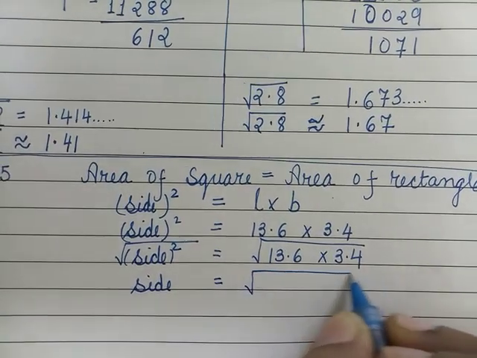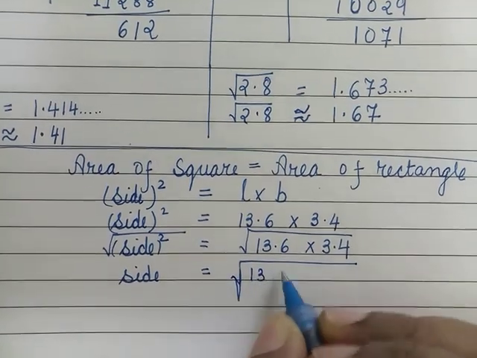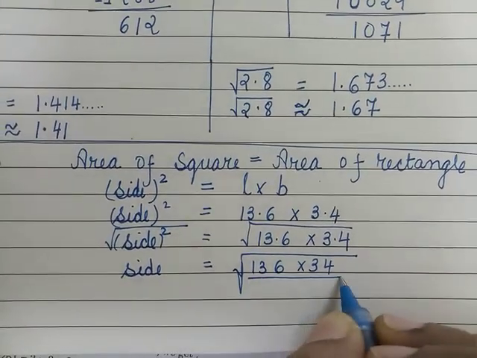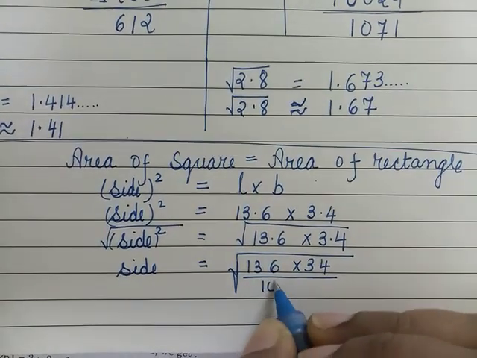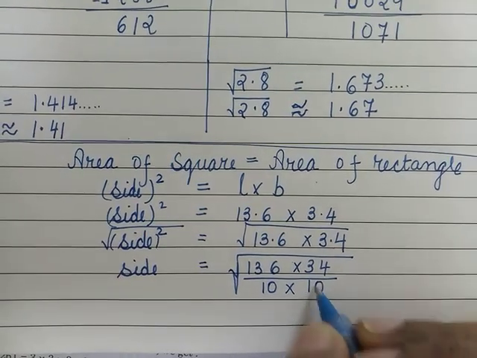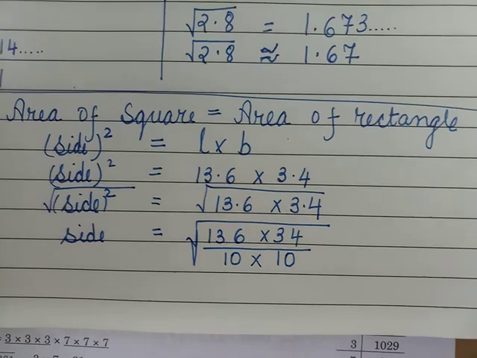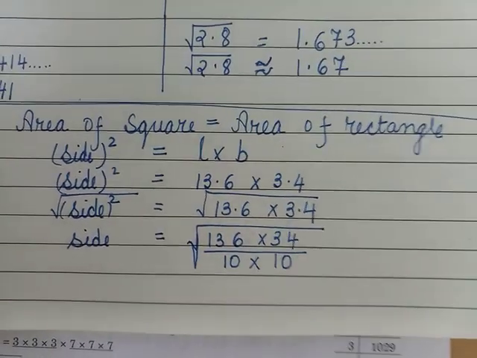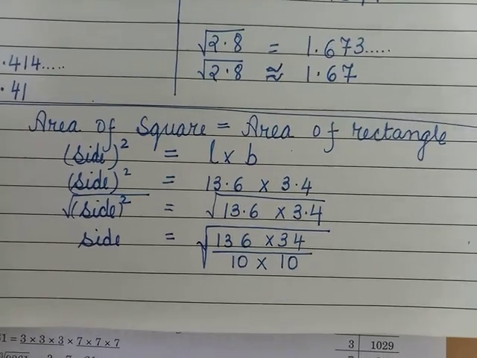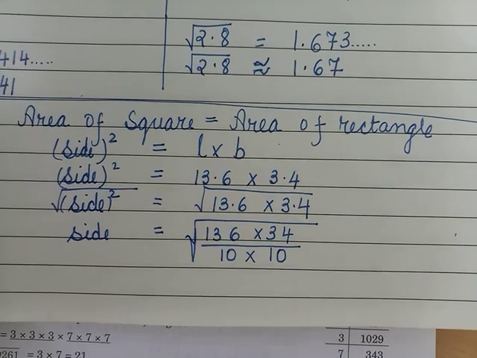So firstly we remove the decimal places. I put zeros in the denominator: 1 decimal place, so 10 in the denominator, and this is also having 10 in the denominator. Okay. Now if you think of 136, if you do the prime factorization of 136, you will come to know 136 is 34 into 4.